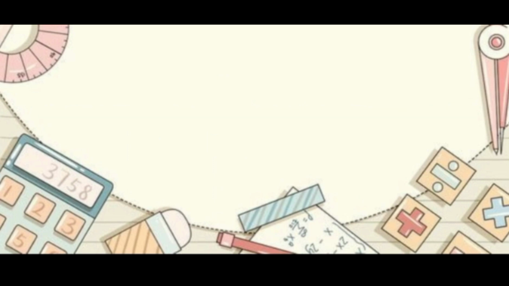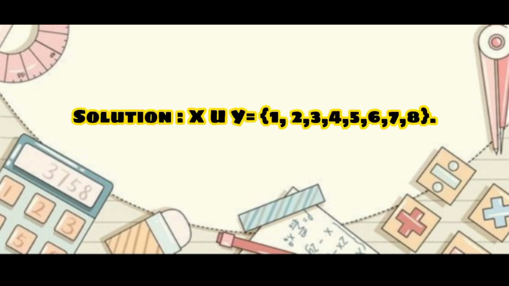Then find X union Y and draw a Venn diagram to illustrate X union Y. So the solution: X union Y is equal to {1, 2, 3, 4, 5, 6, 7, 8}.